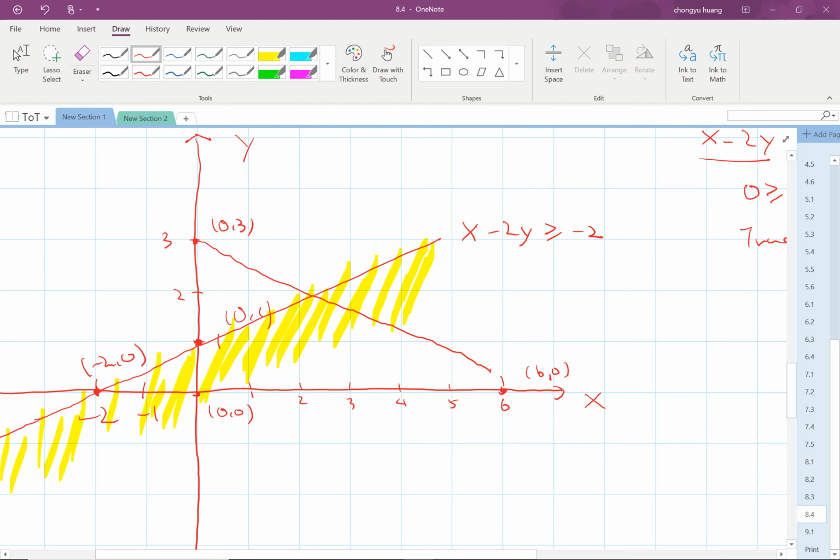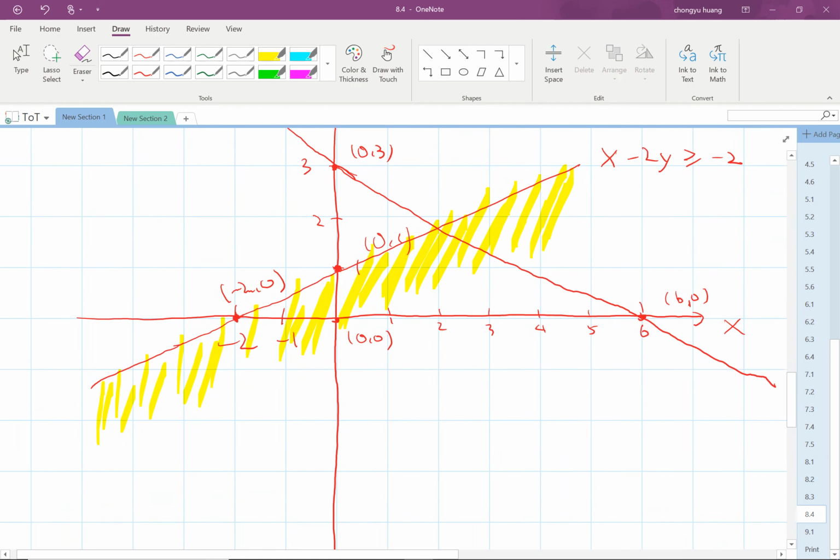But here we have to draw a solid line. The line is kind of bad, so let me redraw it. Okay, somehow like this. I think it's fine. The line doesn't have to be perfect.